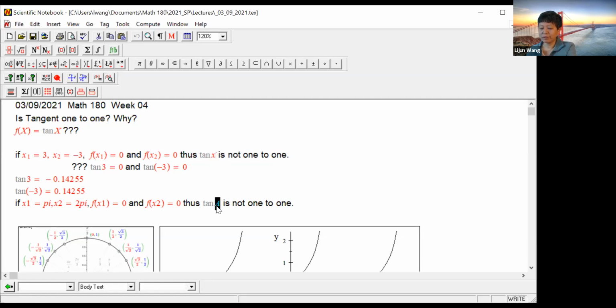because I want to emphasize the input for tangent is an angle. You guys follow me? Even though all the textbooks use X, if you always know what that X is, an angle, that's fine.